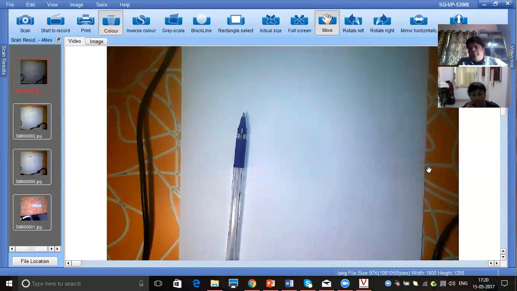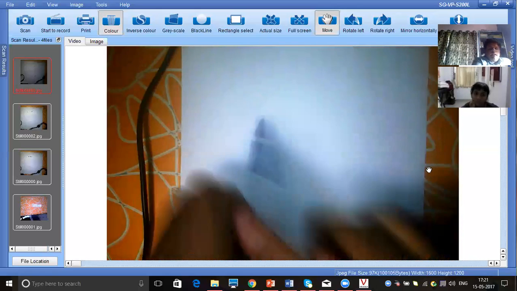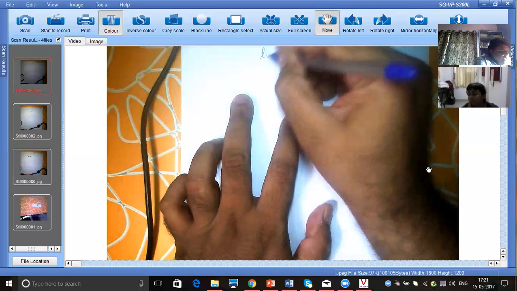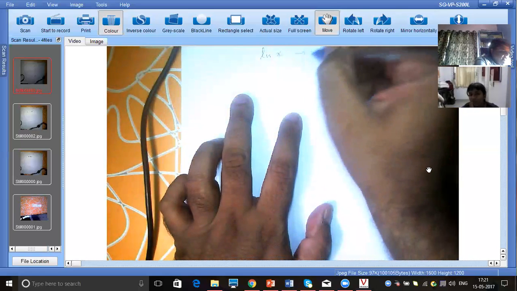You agree? If you look at the function log x, as x goes to infinity, log x also goes to infinity, right? As x goes to infinity, a polynomial of the form a_n x to the n, plus a_(n minus 1) x to the (n minus 1), and so on, plus a naught, also goes to infinity.